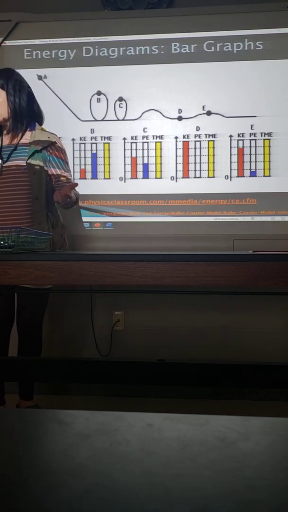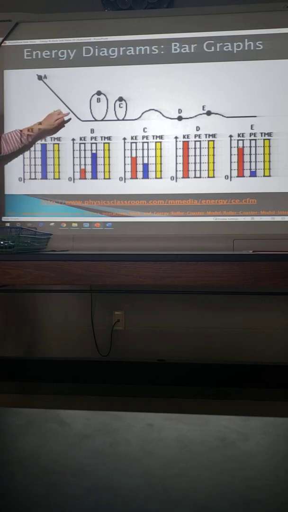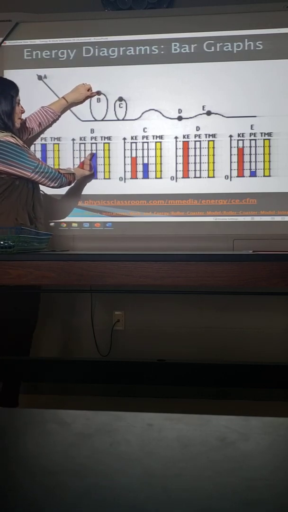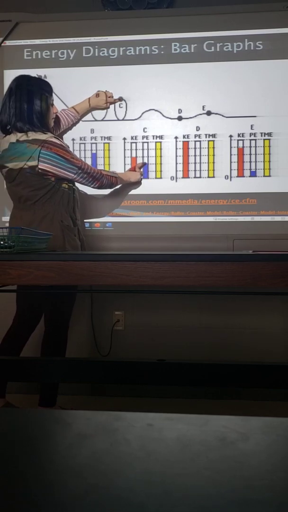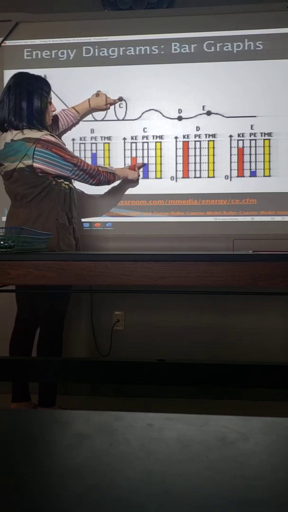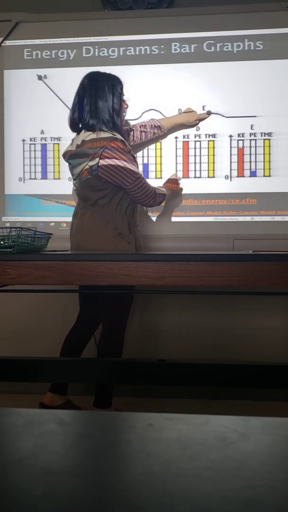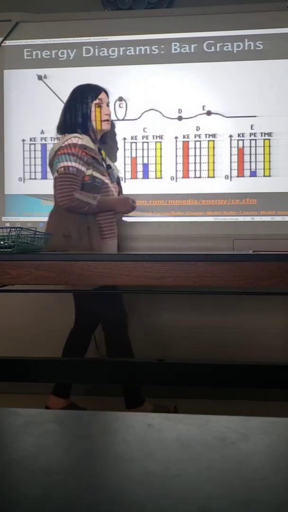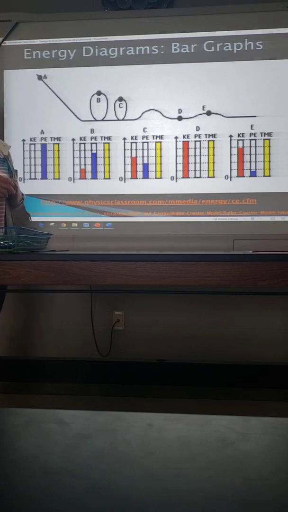It's not going away anywhere. Okay. So B is my next highest. That's my next greatest height for my bar. Same with C. It's kind of the middle. And then E, we have just a little bit of potential, and the rest would have to be kinetic. So it's not too hard of an idea once you kind of orient yourself and recognize what you're seeing.